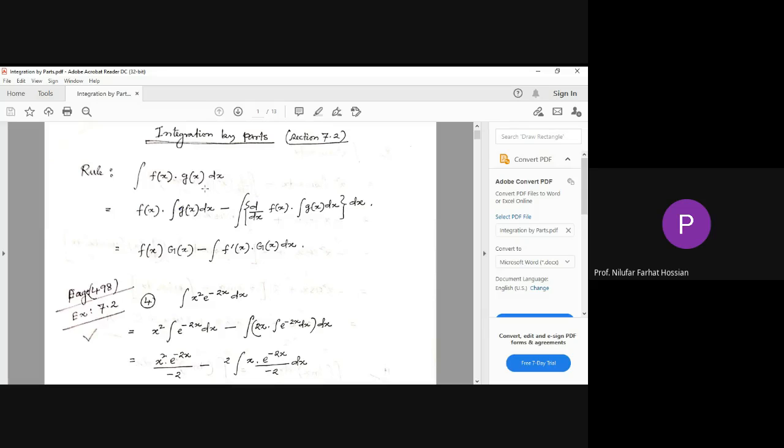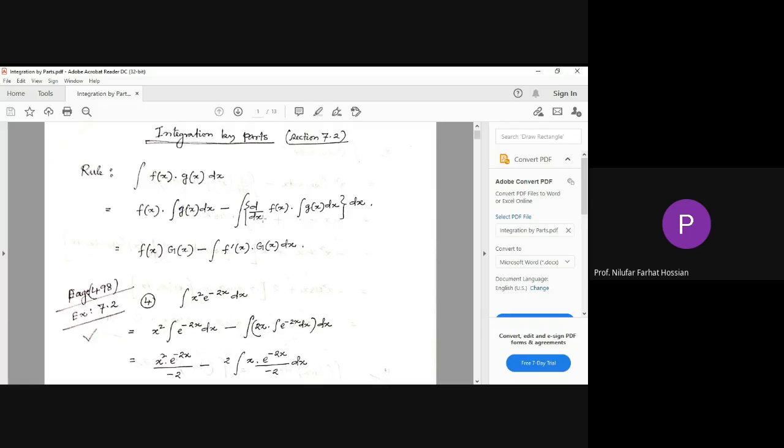Number two, if you see that both the functions are easily integrable, in that case you have to choose as the first function the one which becomes of lower power after differentiation. Because suppose there is x to the power 5.